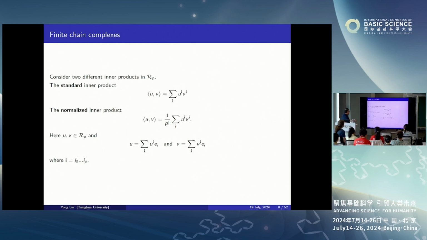We can also introduce some inner product on the allowed paths. For example, for two P paths u and v, where EI are all the elemental P paths on Rp, this certainly is a linear space, so we can define this for any P paths. For these two P paths, we can define inner products. The first inner product we call the standard inner product, and the second one we call the normalized inner product.